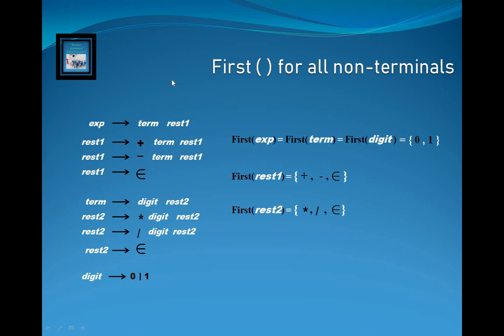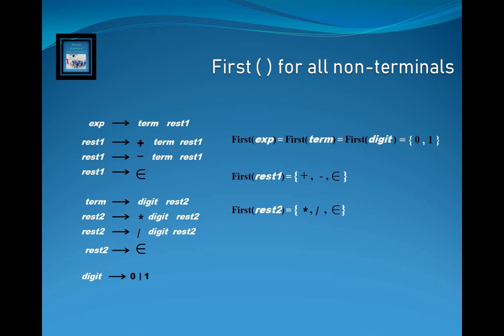So after removing the left recursion from this grammar, here is the resultant grammar. And now we can make the predictive parser for this grammar. In order to write code for such a predictive parser, the best practice is to first apply the first function on all non-terminals of this grammar, because the first function always returns those tokens from which that non-terminal can start.